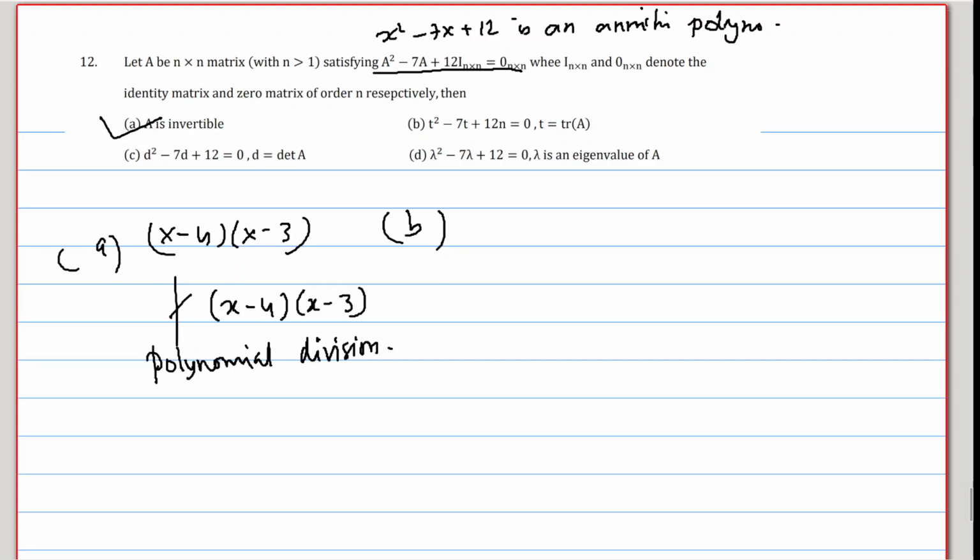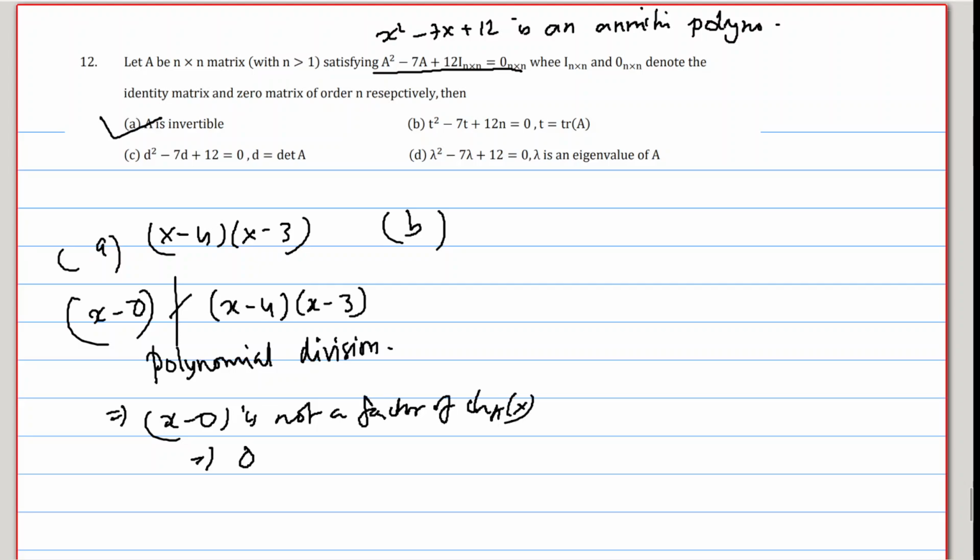If I write x minus 0 instead of x, is it clear now? Then x minus 0 is not a factor of the characteristic polynomial. That means 0 is not an eigenvalue, which means the determinant of A is not 0.